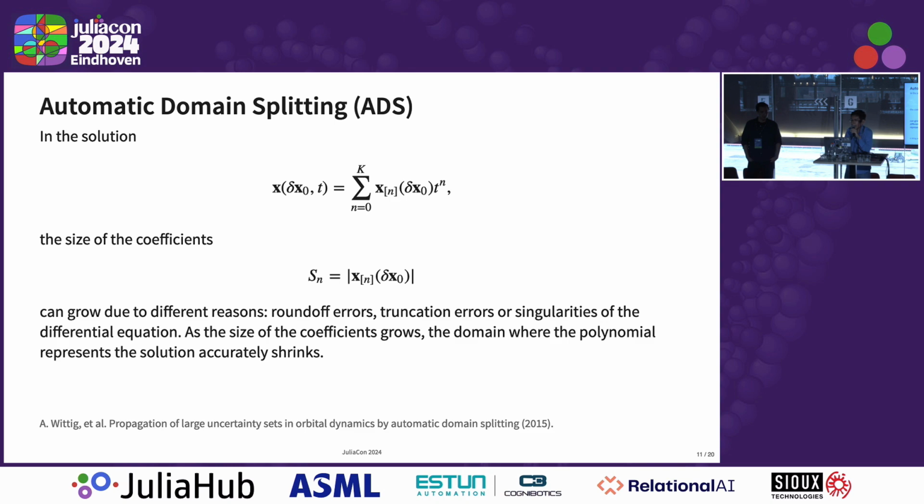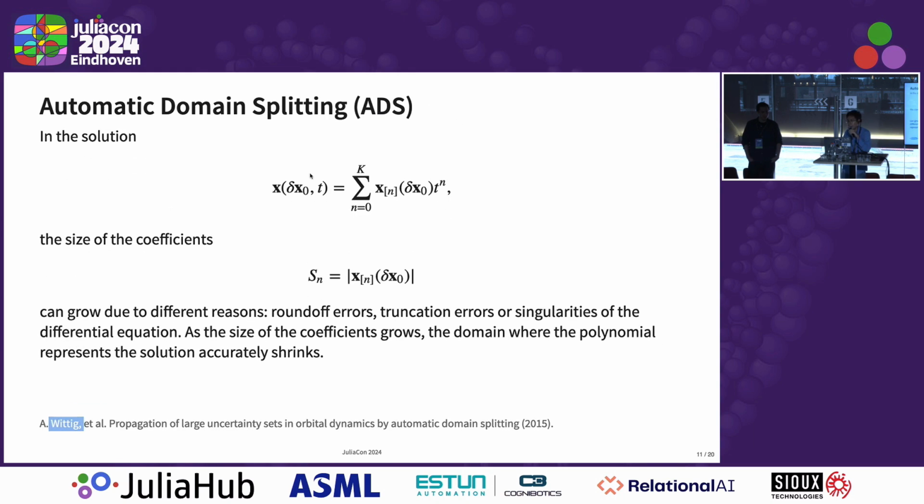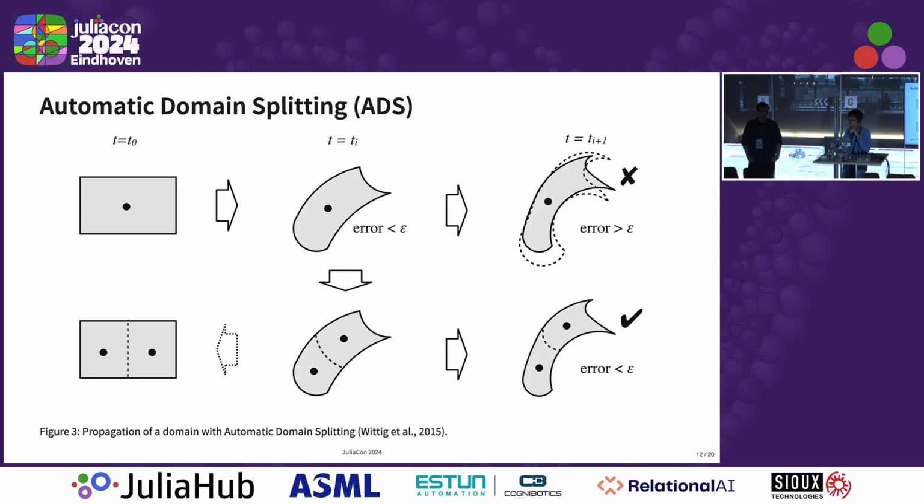And to mitigate this phenomenon, in 2015, Wittig and collaborators introduced a technique called automatic domain splitting, or ADS in short. And the idea behind ADS is pretty simple. We start with a domain where we can trust our polynomial, and we propagate it in time. Eventually, the truncation error will accumulate, so if we keep propagating, the polynomial representation will deviate from the actual region of interest.